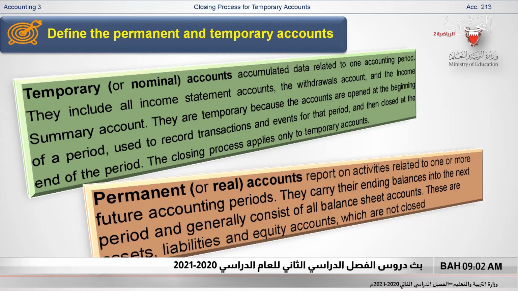Instead of closing entries, you carry over your permanent account balances from period to period. Basically, permanent accounts will maintain a cumulative balance that will carry over each period. Examples of permanent accounts are balance sheet accounts. These are assets, liabilities, and equity accounts.